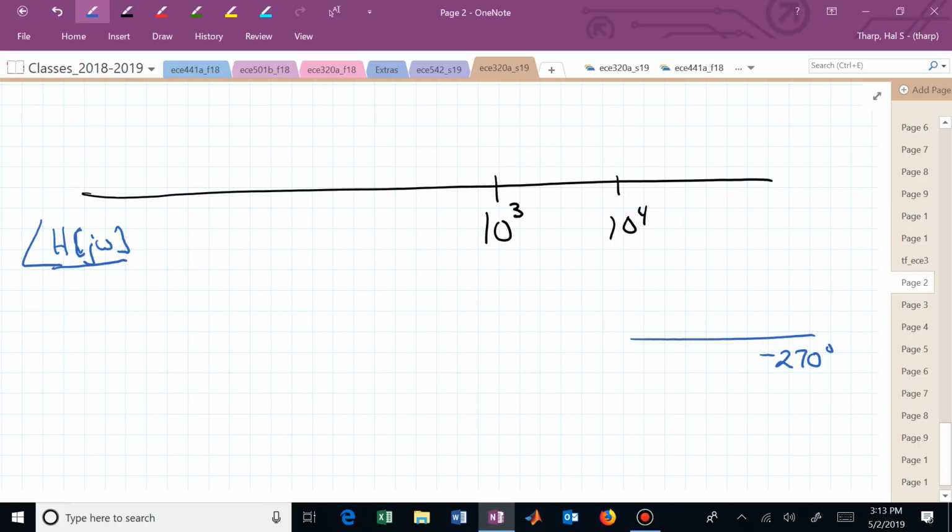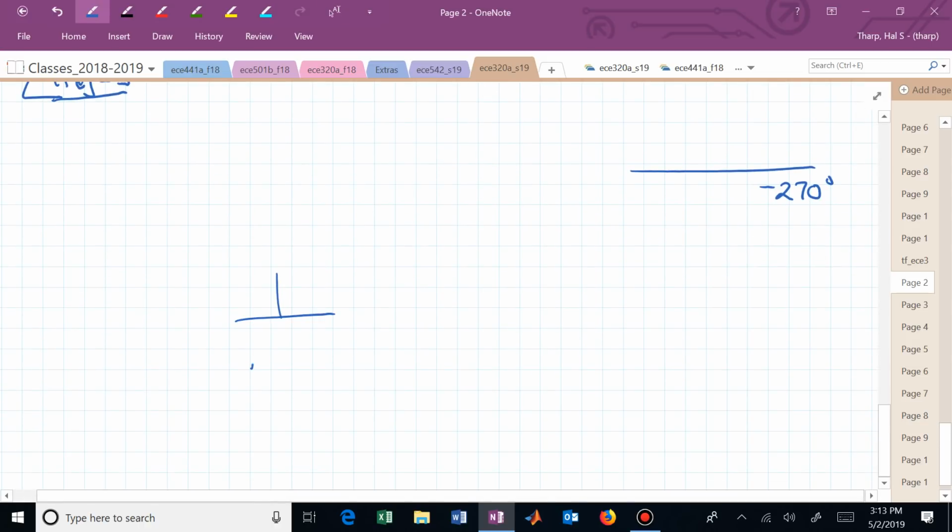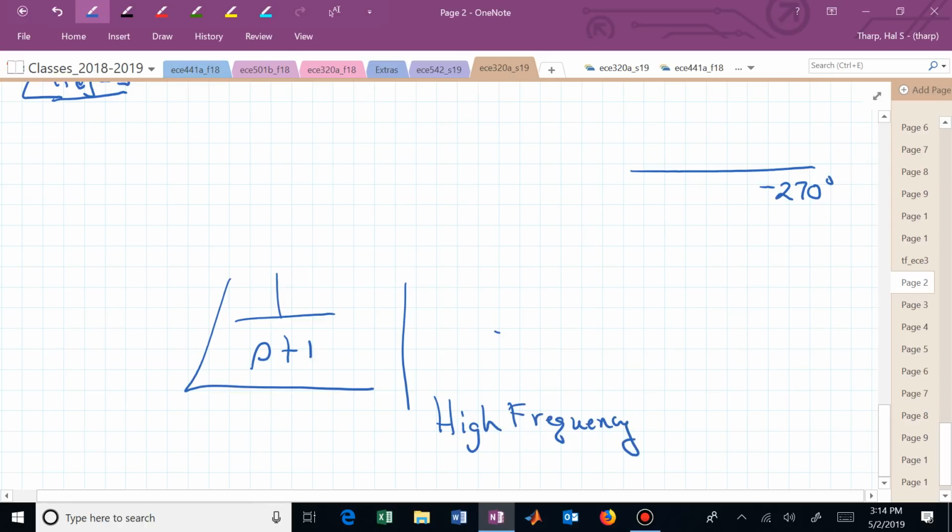What level of degree tells us about a single pole factor? Or what's the angle contribution from a single pole factor? If I now had something that looked like 1 over s plus 1, where is that going to go phase-wise at high frequencies? Where will that end up?